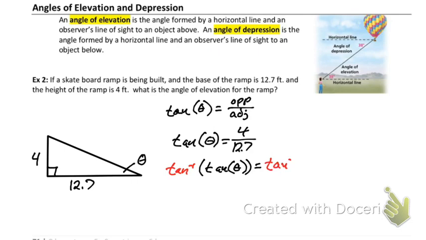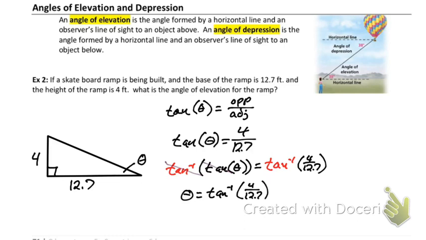So I have to take the tan inverse of the other side. Which is nice because now our tan inverse and tangent are going to cancel out. Now we're left with theta equals tan inverse of 4 over 12.7.